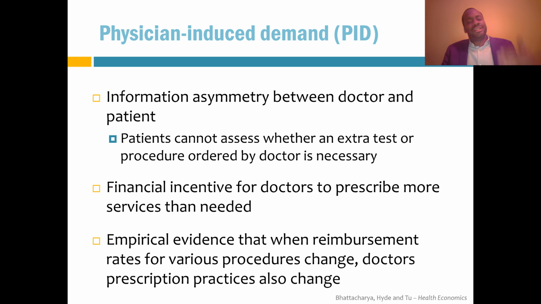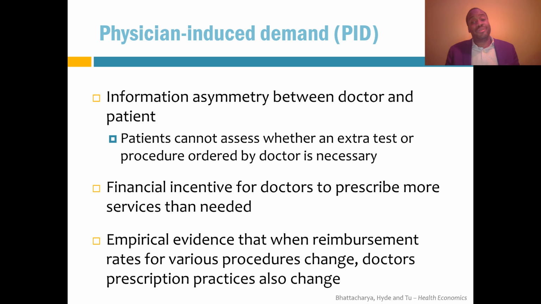The patient goes along with all the decisions that the physician makes because they trust them, right? And now if the physician has an economic interest in having more tests, then the patient is likely to have induced demand, meaning the demand for healthcare didn't come from the consumer. The demand for healthcare came from the physician. And the reason why the consumer listened to the physician is because of the physician agency.